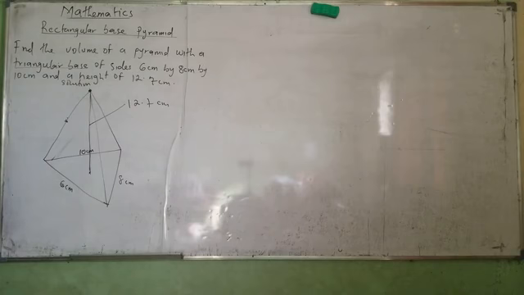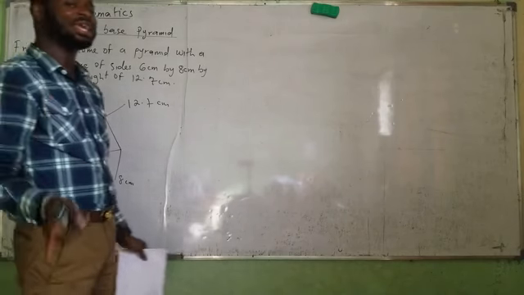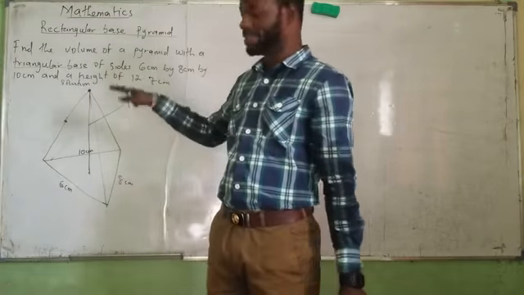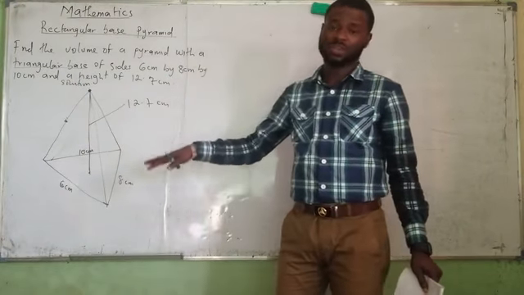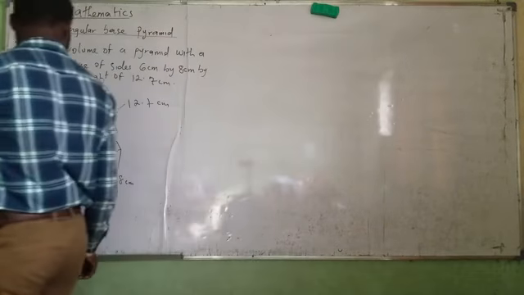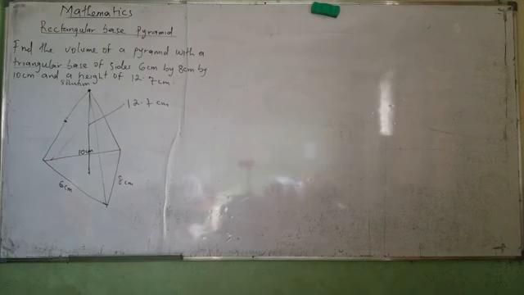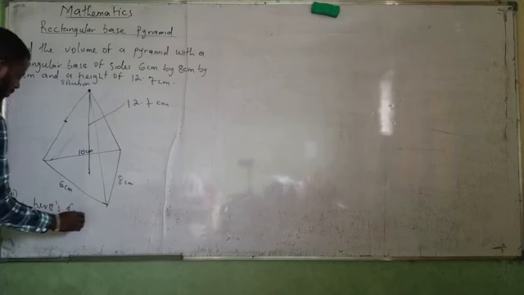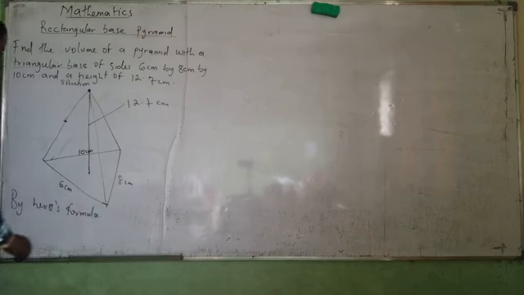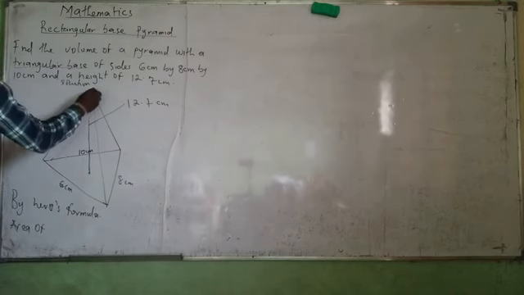Now, how do I go? You only need the slant height if and only if you have to find the total surface area. Now, if I were you, I will use Heron's formula. Now I can say the area of this triangle, let me label this.